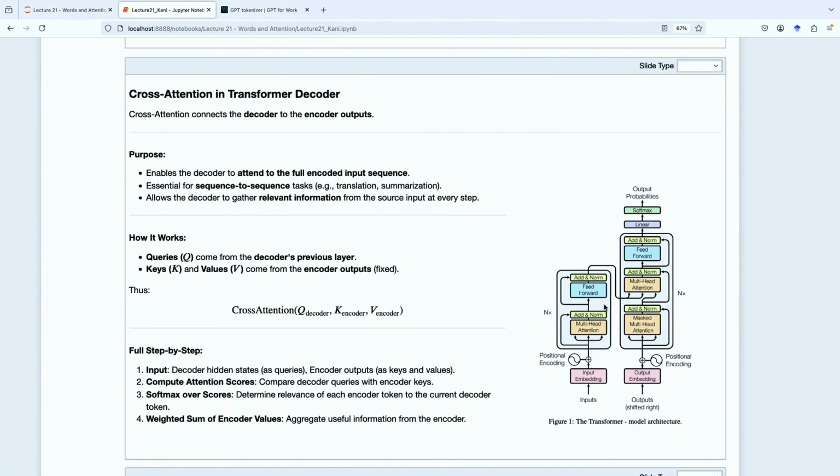But now we have another attention mechanism. And the new attention mechanism is simply trying to take information from the encoder and use it to determine what parts of the decoder input I should actually care about. Okay?